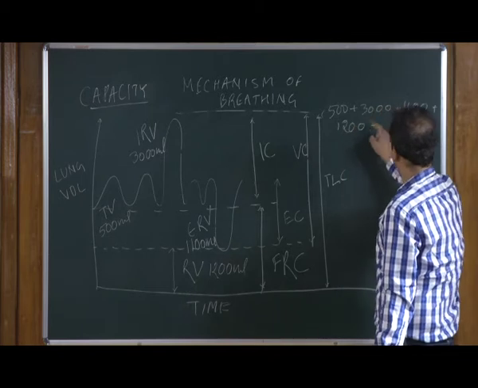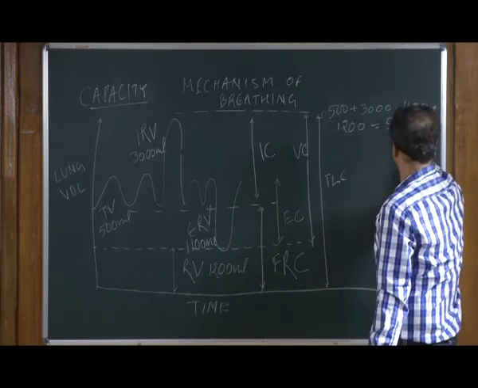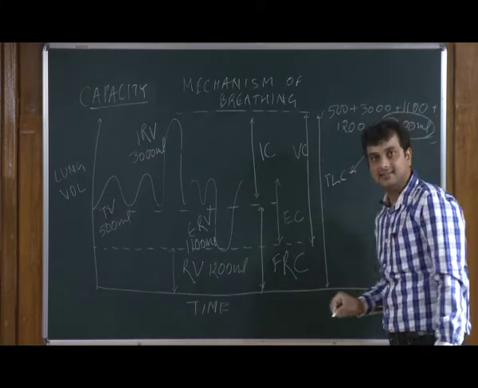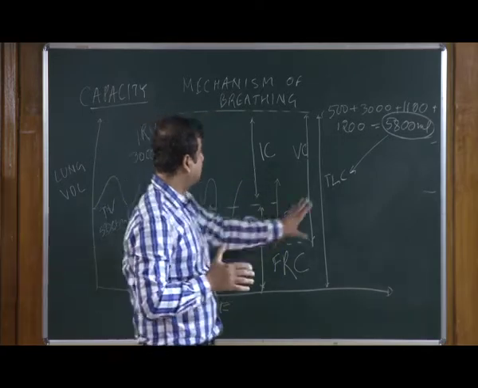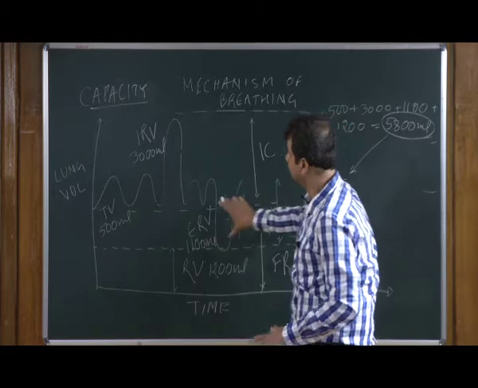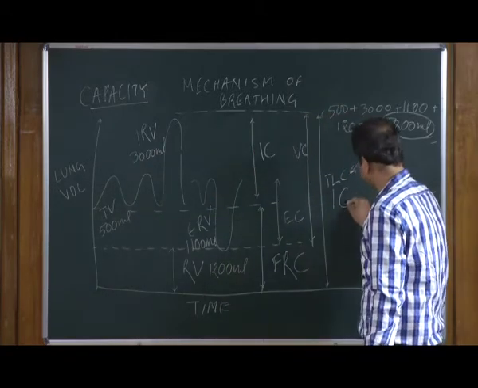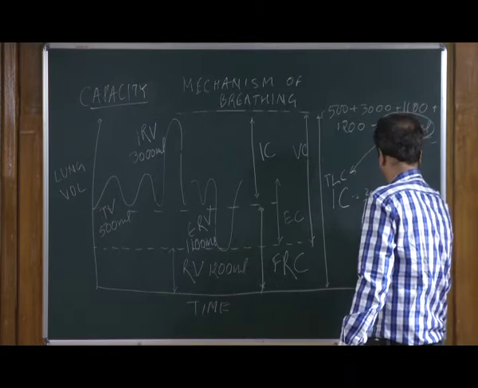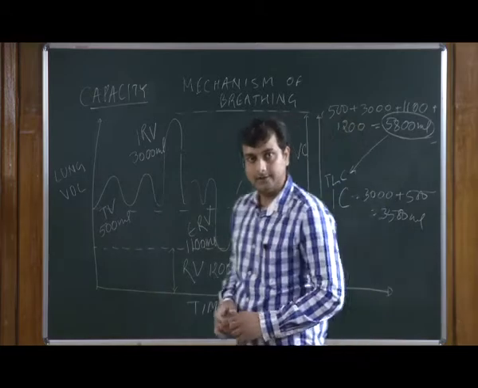If we combine, we will get 5800. So, 5800 ml is approximately the total lung capacity of a human being. Similarly, inspiratory capacity is 3000 plus 500, which will give 3500 ml, and similarly for the others.